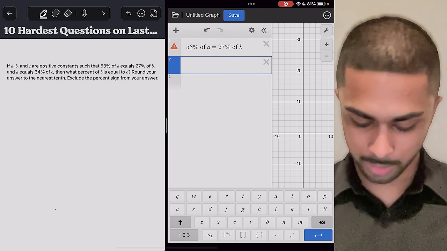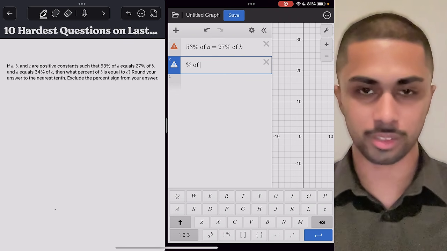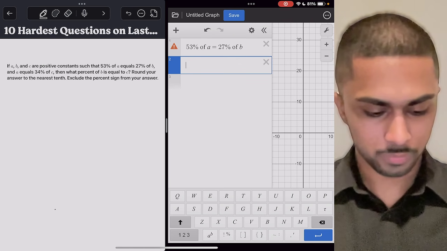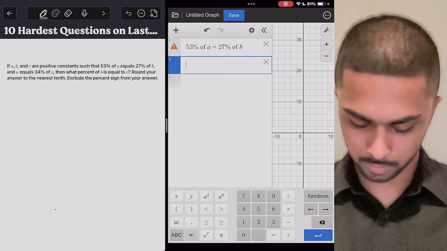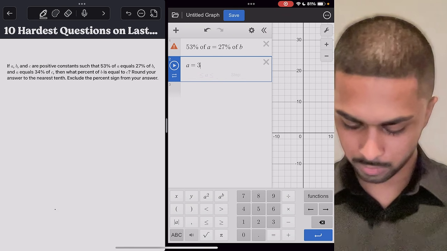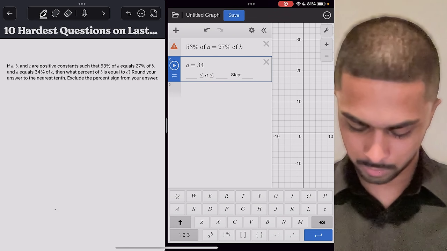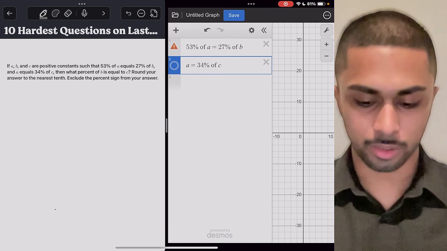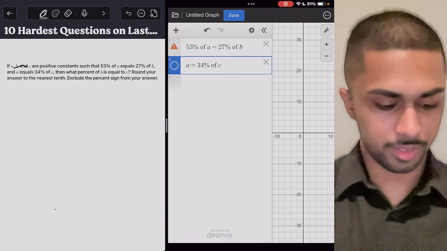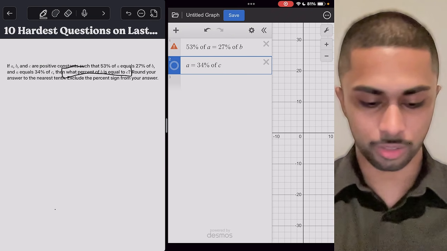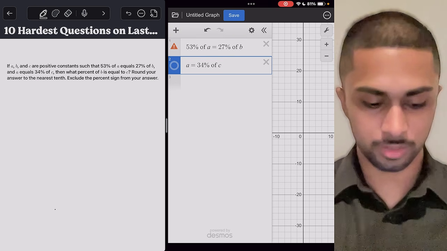By the way, whenever you type in percent, it automatically does the "of," if you were wondering. A equals 34% of C. This is the second equation. And then the third equation is a little tricky, so let's walk through this together.